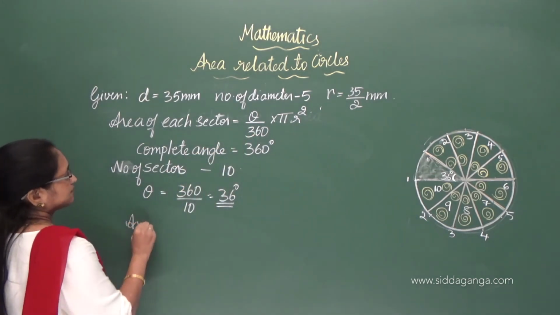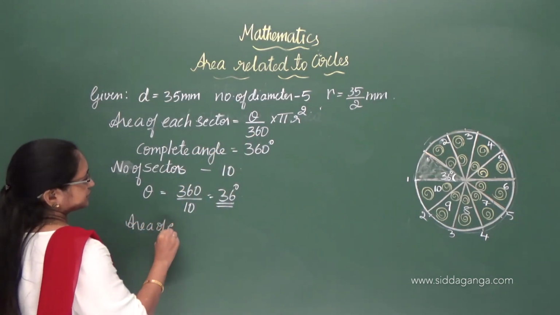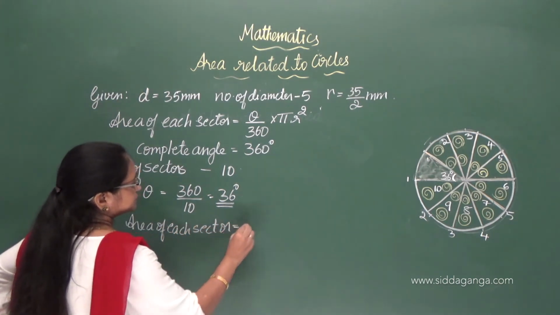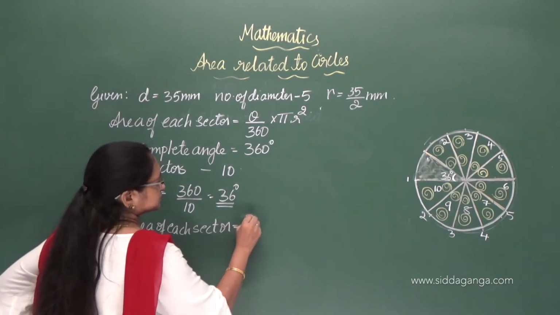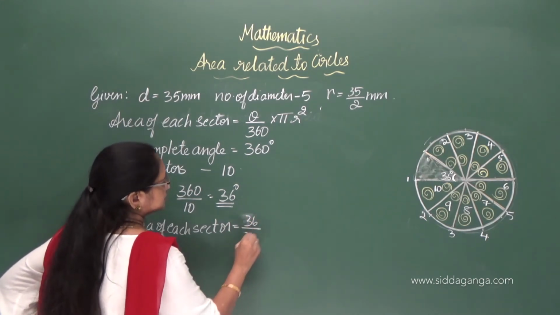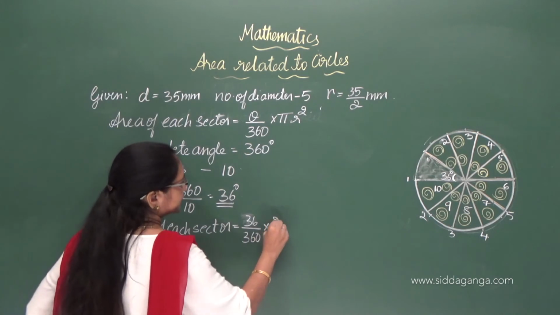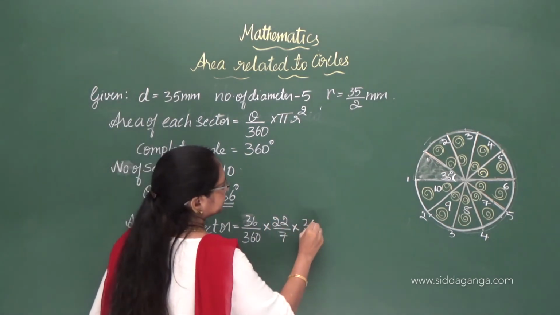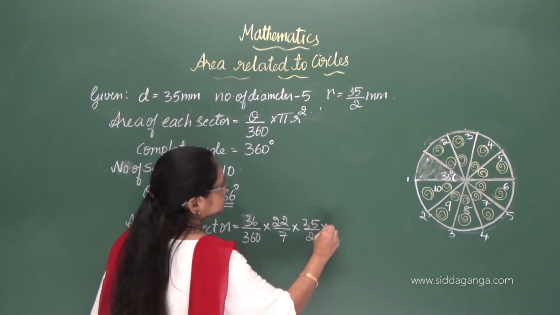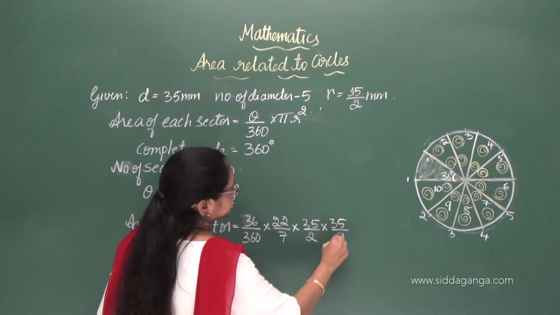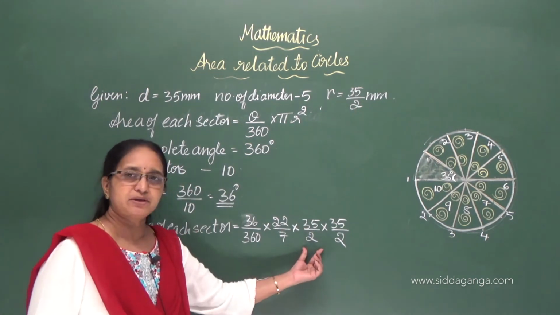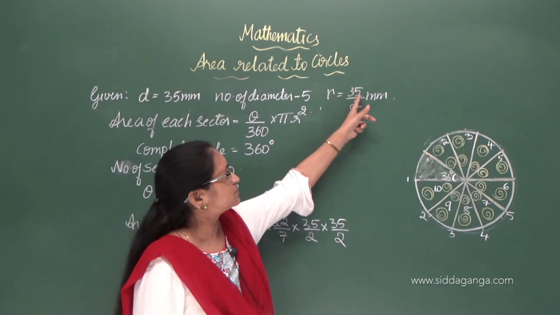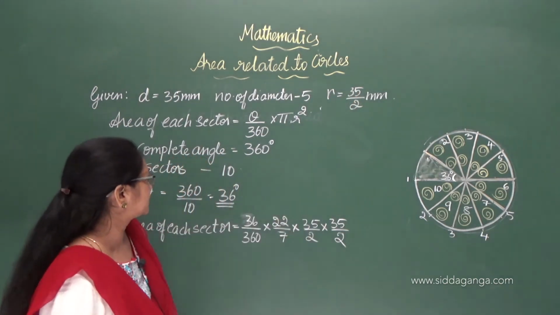So area of each sector is equal to theta, how much? 36 by 360 into 22 by 7 into 35 by 2 into 35 by 2. I hope you understood why I took 35 by 2, 35 by 2, because it is r square. R is how much? 35 by 2 millimeter.